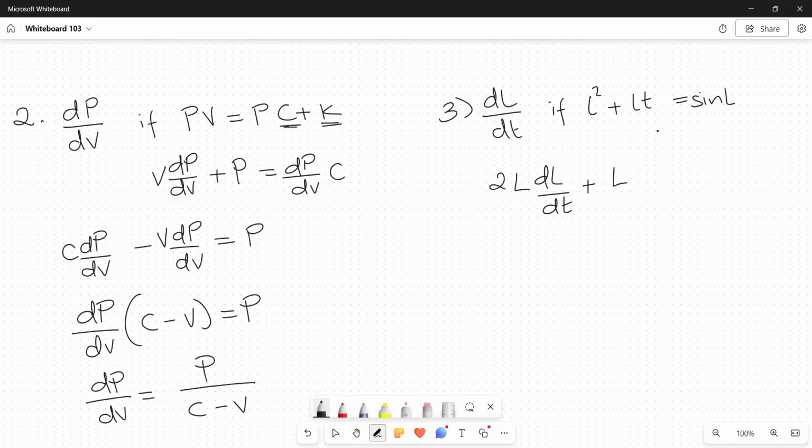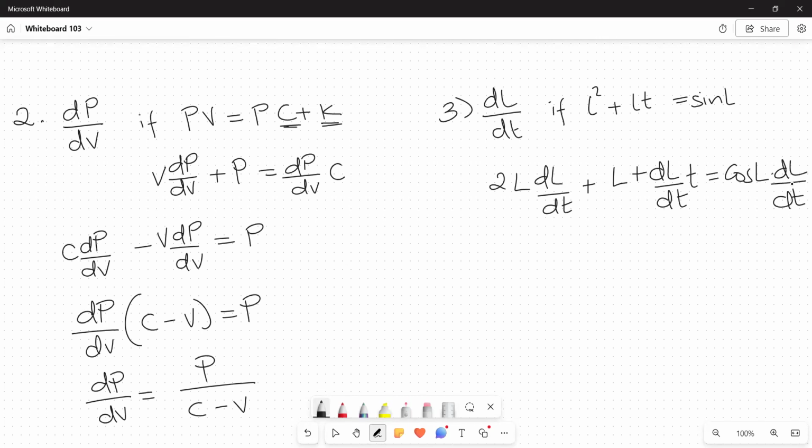So we have L multiplied by the derivative of T, which is 1, and then the derivative of L, this is dL/dt, multiplied by T. The derivative of sine is cos L, and then we multiply by dL/dt.